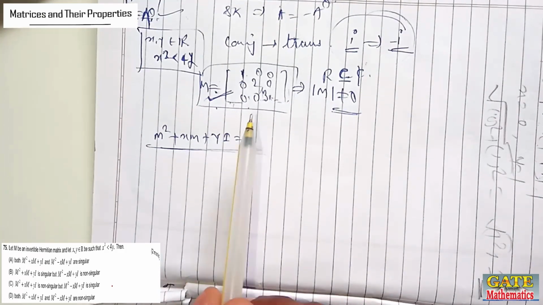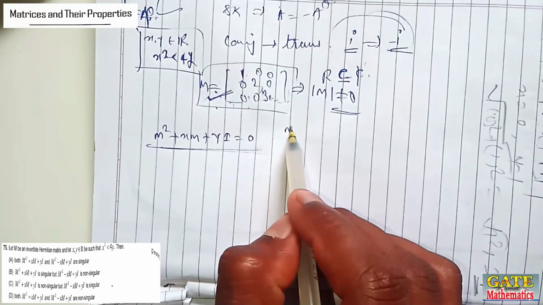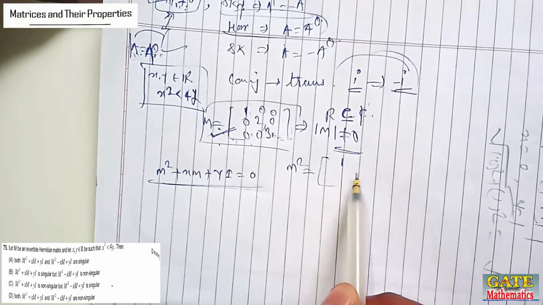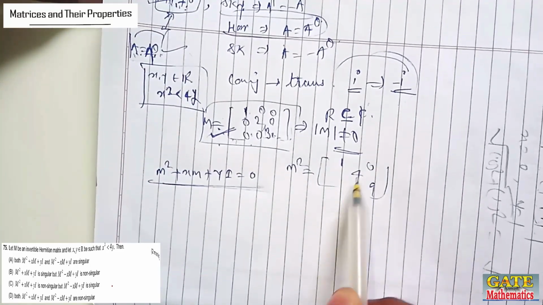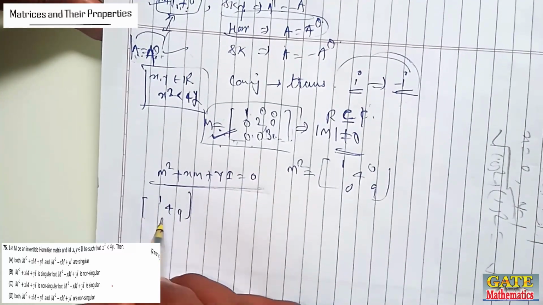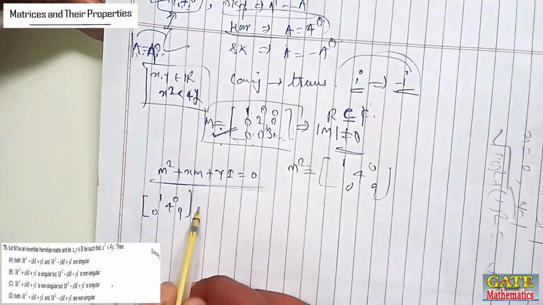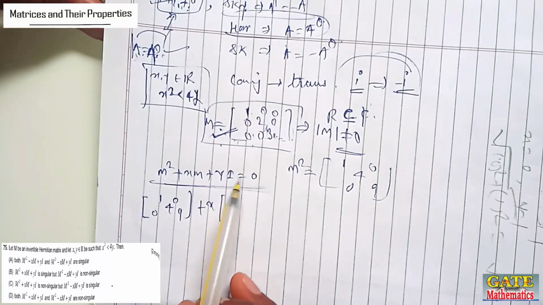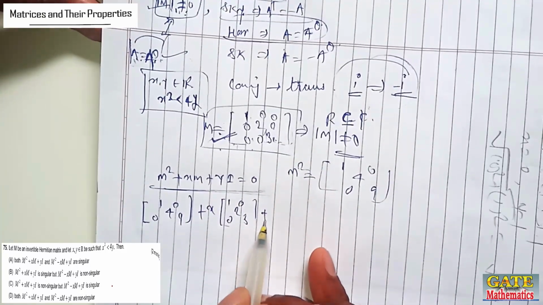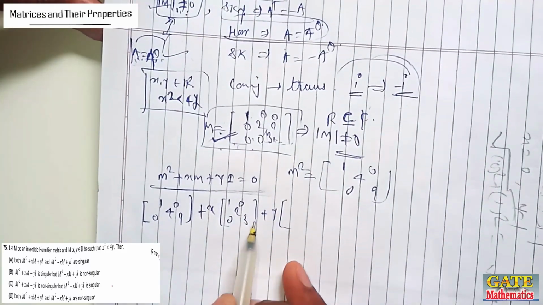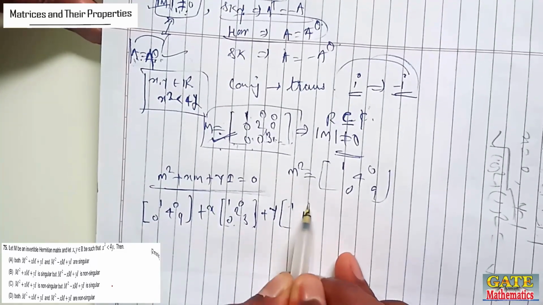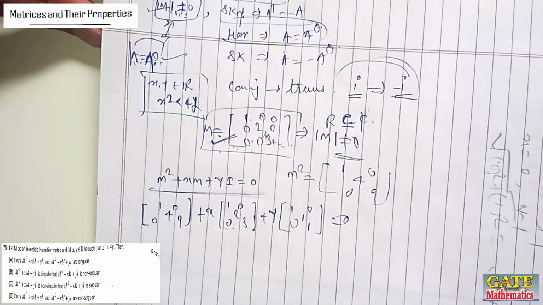M is a diagonal matrix, so M square becomes only the square of the diagonal. 1 square is 1, 2 square is 4, 3 square is 9, remaining terms 0. So put it here: 1, 4, 9 is the diagonal, remaining elements are 0, plus x into M, where the values of M are 1, 2, 3, remaining elements 0, plus y into the identity matrix. Since we consider a 3 by 3 matrix, take the identity also 3 by 3, remaining elements 0, which is equal to 0.